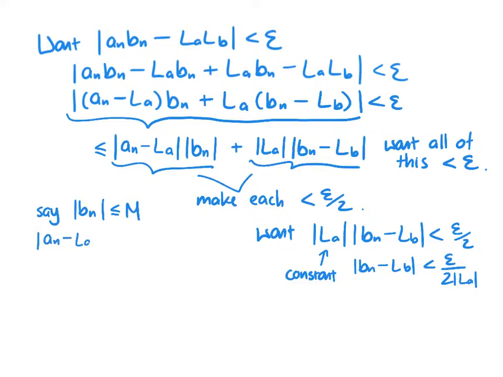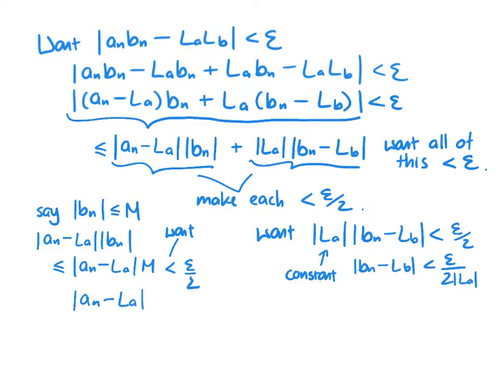That means that this expression, that first term, is less than or equal to the absolute value of a_n minus L_a times M, and we want this less than epsilon over 2. As long as that's less than epsilon over 2, then the expression in our inequality, a_n minus L_a times b_n, that part will be less than epsilon over 2 as well. So, in other words, we want the absolute value of a_n minus L_a to be less than epsilon over 2M.